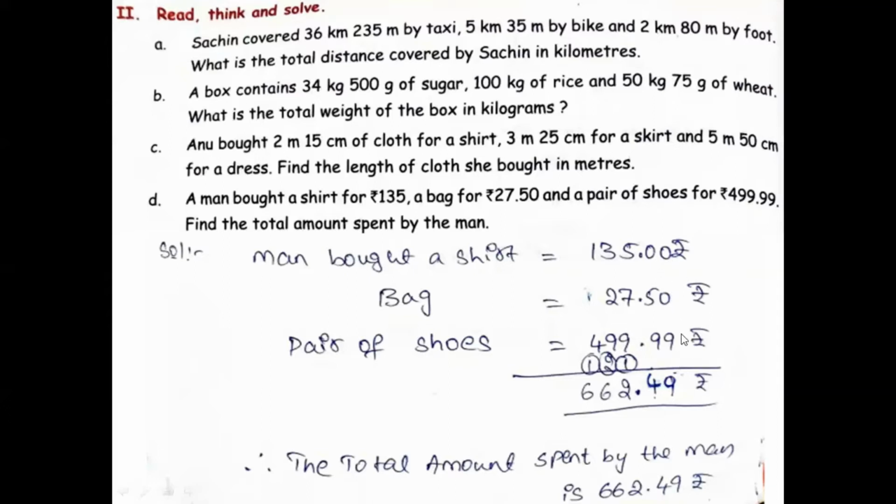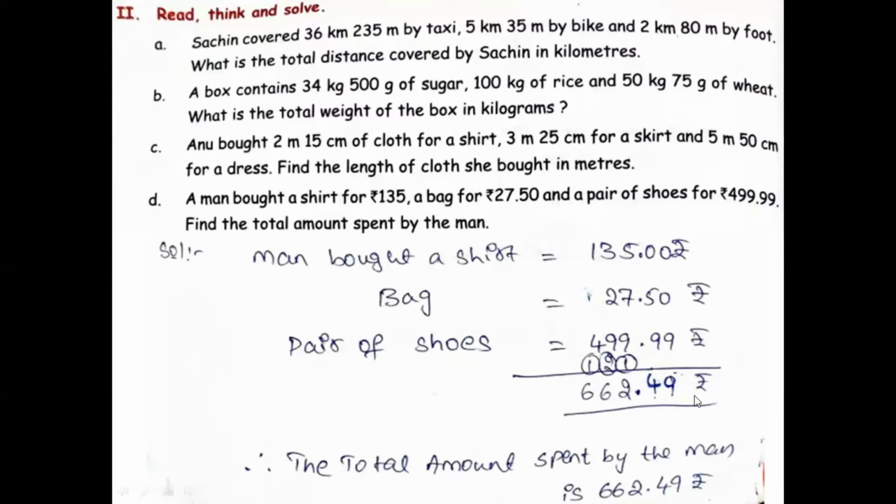0 plus 0 plus 9, 9. 0 plus 5 plus 9, 14. 1 carry over, 4 write down. 5 plus 7 plus 9 plus 1, 22. 2 write down, 2 carry over. 3 plus 2 plus 9 plus 2, 16. 6 down, 1 carry over. 4 plus 1 plus 1, 6. 662.49.